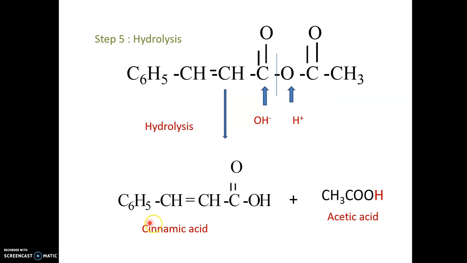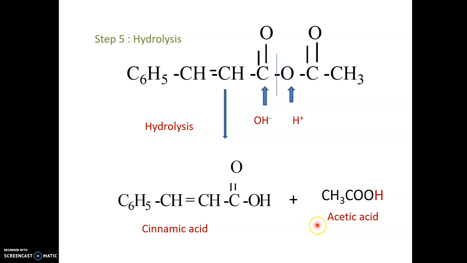As a result, we are going to get an alpha beta unsaturated aromatic acid which is called cinnamic acid, and the other product here we are getting is the acetic acid. So in the final step we are getting the two products, cinnamic acid and the acetic acid.